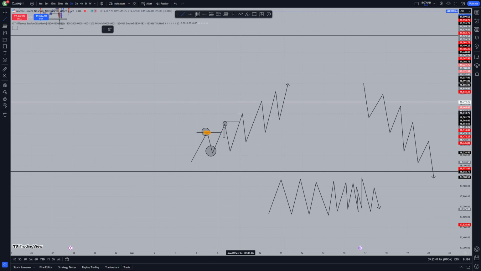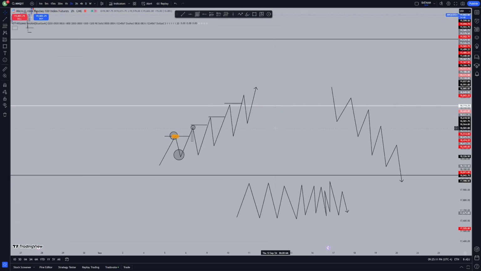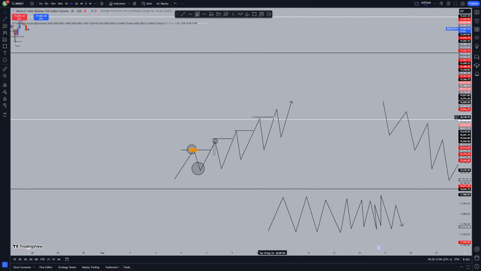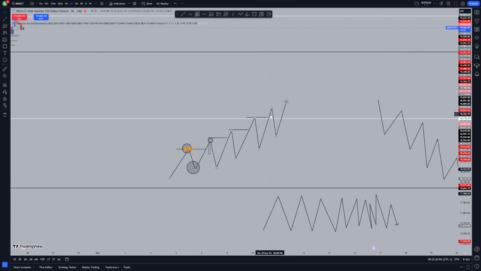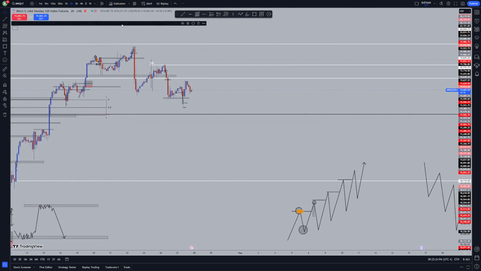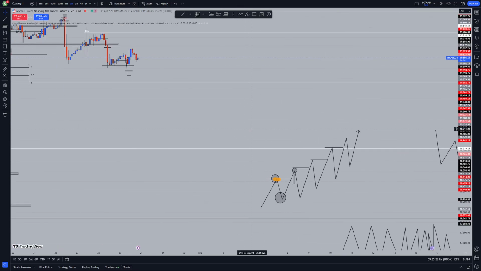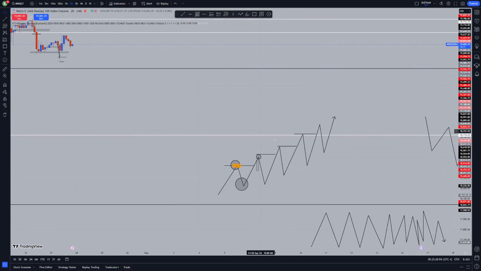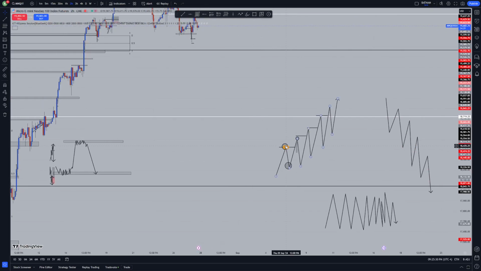Break. You have to make sure when it breaks, the body is breaking the touch point or the higher high. It shouldn't be the wick, because if it's a wick, it depends. If it's in a higher time frame, a wick can be a breaker structure. But breaker structure is a body close above a high or below a low.